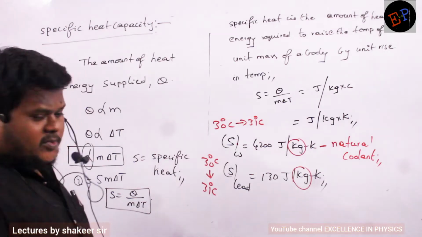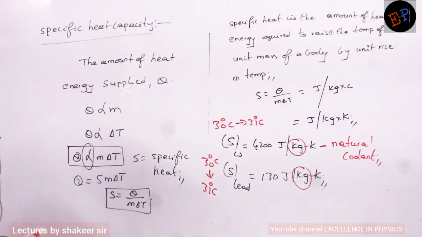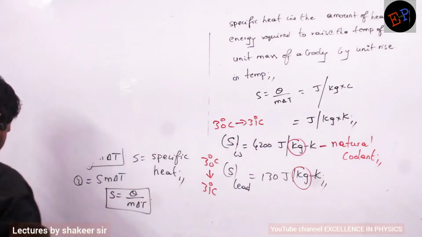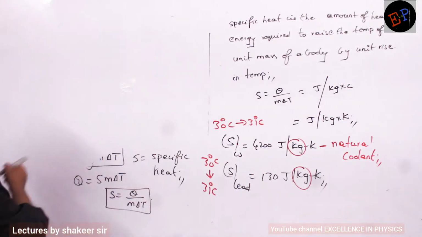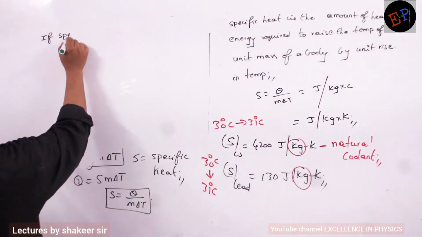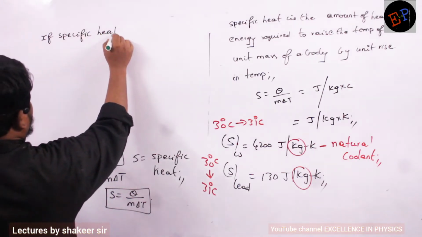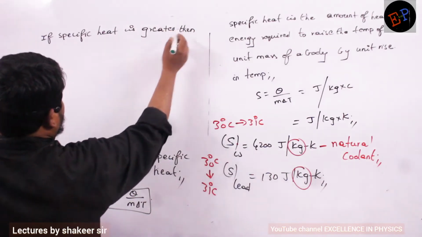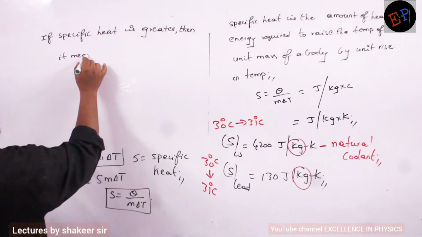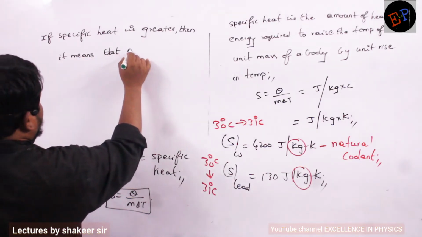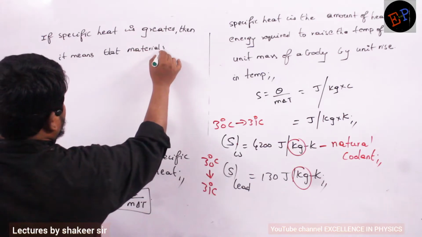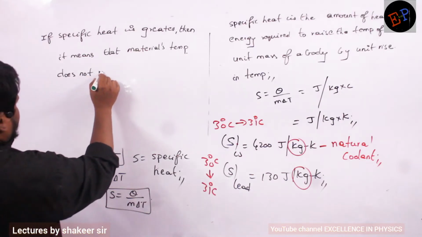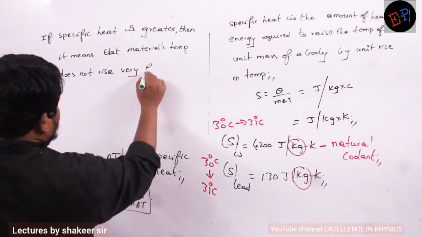So therefore, what is the note point we have to write here? Note point is that if specific heat is greater, then it means that material's temperature does not rise very fast.